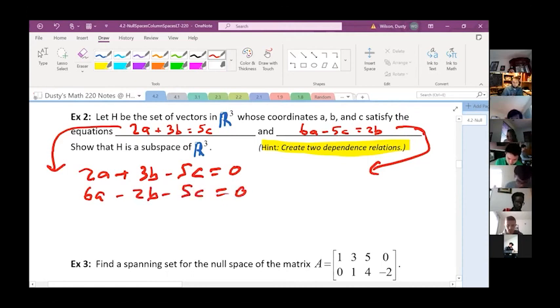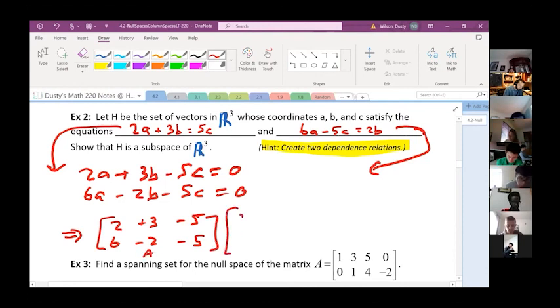This we should think of as a system of homogeneous equations, and we could write this in matrix form as 2, 6, 3, -2, -5, -5. This would be our matrix A. And then we multiply by a, b, c, and this should be equal to 0, 0.